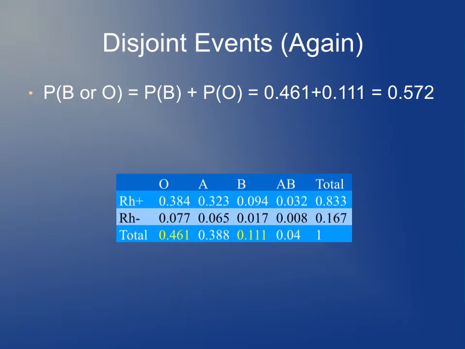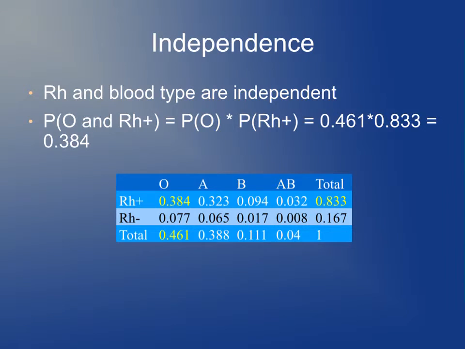And one more example of disjoint events: say you wanted to find the probability of type B blood or type O blood. Well, you can just take the probability of type B plus the probability of type O, which is 0.461 plus 0.111, that gets 0.572. Now let's use the rule about independence.